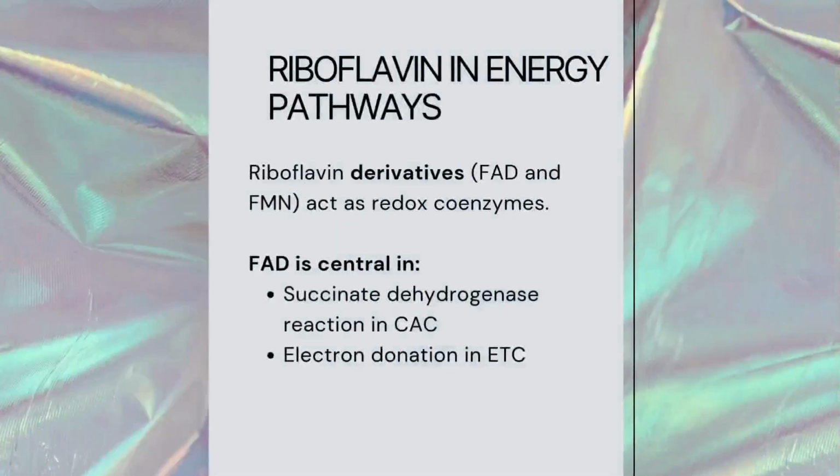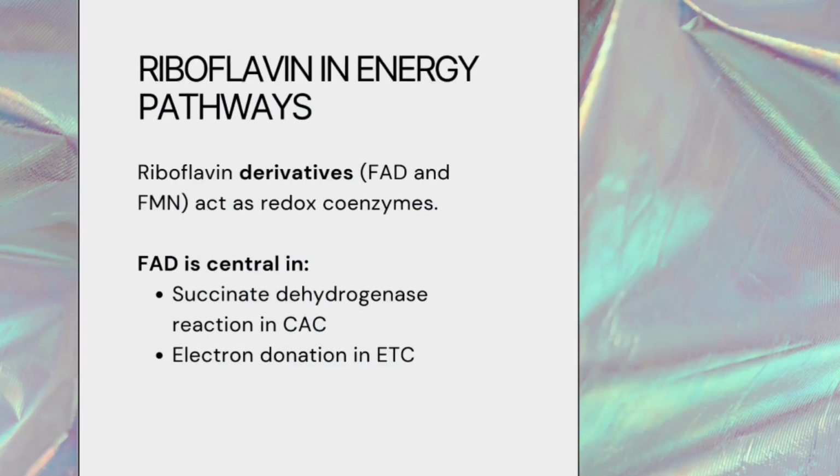These derivatives act as redox coenzymes, meaning they play a crucial role in oxidation-reduction reactions, particularly in energy metabolism. Both FMN and FAD are involved in electron transfer, similar to NAD+ and NADH, but with different enzymatic functions.